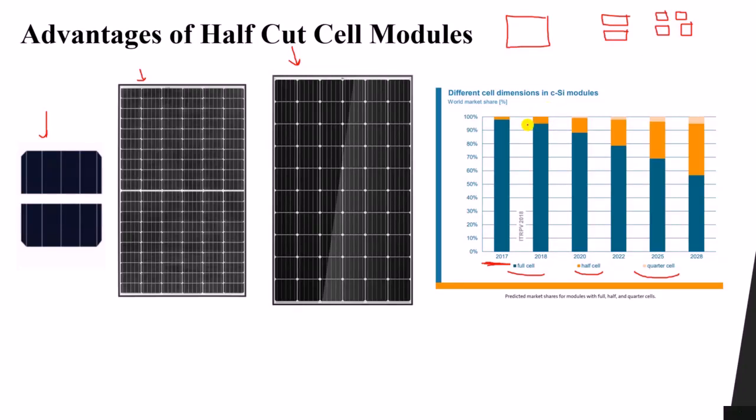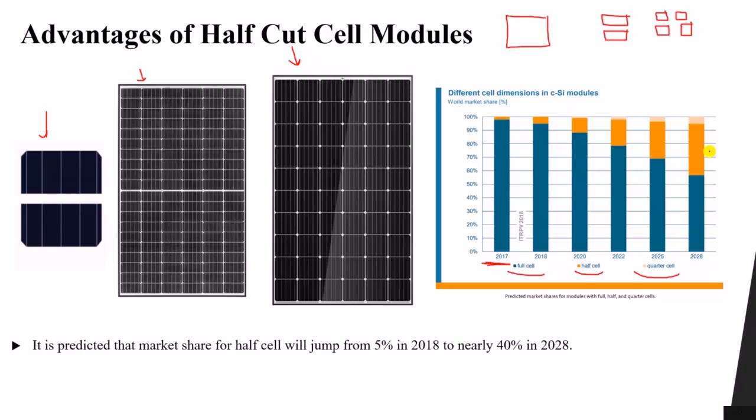And as time passes, we predict that it will be this part. You can see the quarter increased and the half-cut cell increased a lot because it is a much better technology. So it is predicted that the market share for half cell will jump from 5% in 2018, you can see here 5%, to up to 40% in 2028.